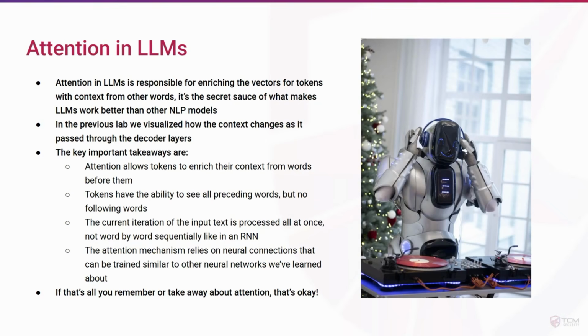The attention mechanism relies on neural connections, so it's all part of one bigger neural network, but you can also kind of think of it as their own smaller neural networks inside of this big neural network, and they're trained similar to other neural networks that we've learned about using backpropagation.